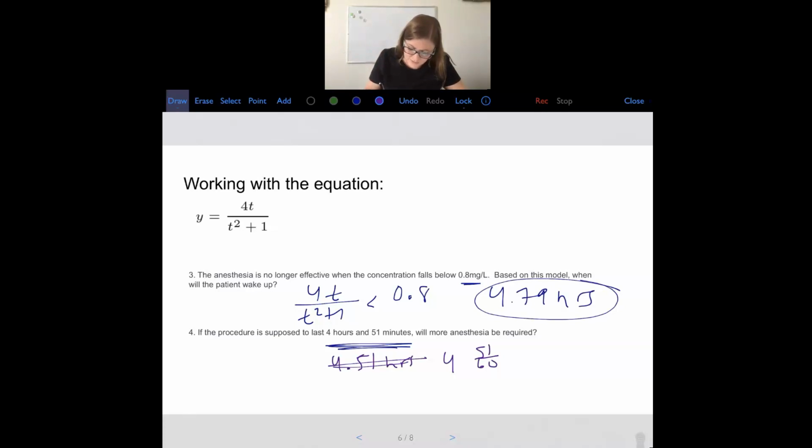Okay, so this would be 4.85, which makes sense. 51 minutes is close to the full hour. Okay, so in this case, yes, more anesthesia would be required. The patient would wake up after 4.79 hours, and the procedure is supposed to last 4 hours and 51 minutes, which is 4.85 hours. Okay.